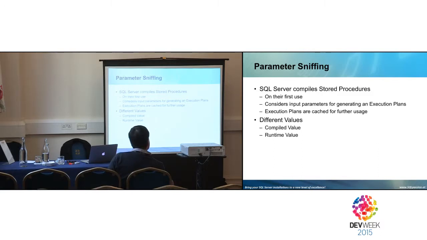plan. The problem that we have is that SQL Server caches that execution plan, and when you rerun that stored procedure with a different input parameter, SQL Server will just reuse that cached plan. This means when you afterwards run that stored procedure to retrieve all your customers from the UK, you get back a huge amount of customers.